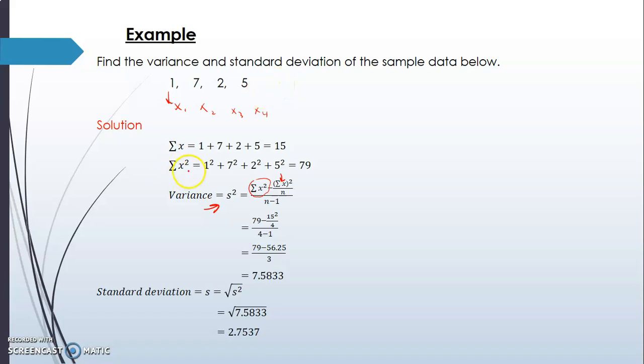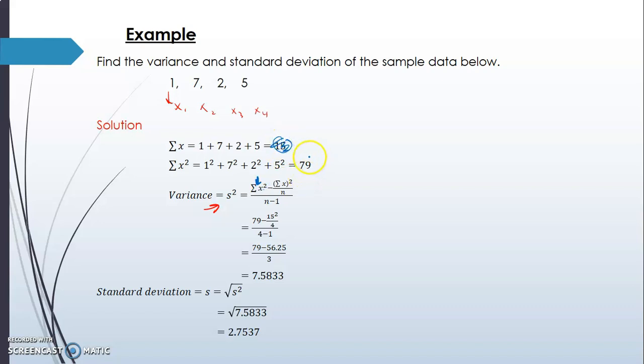So the total of x square is 1 square plus 7 square plus 2 square plus 5 square. Okay, so total x square is 79. Okay, after that, plug into the formula. Okay, so start with total x square. This one, total x square is 79.